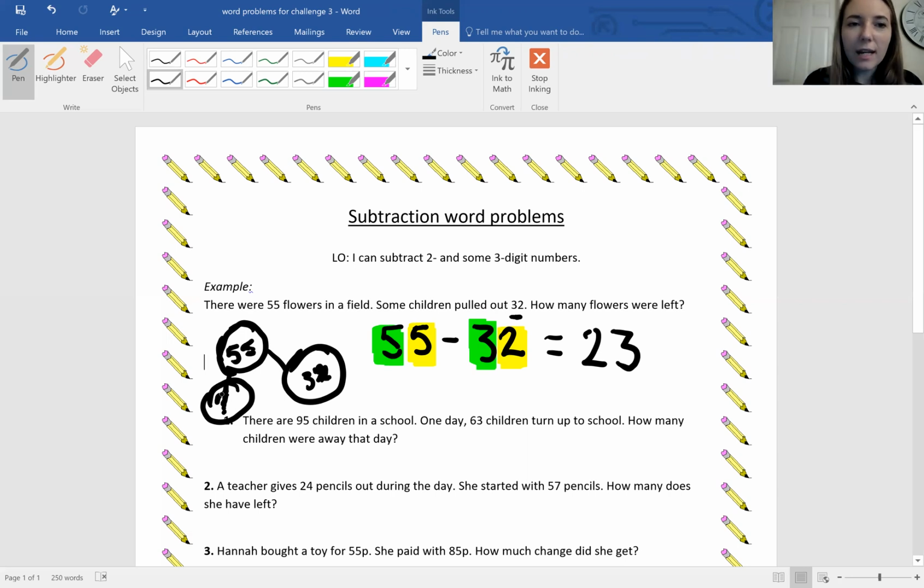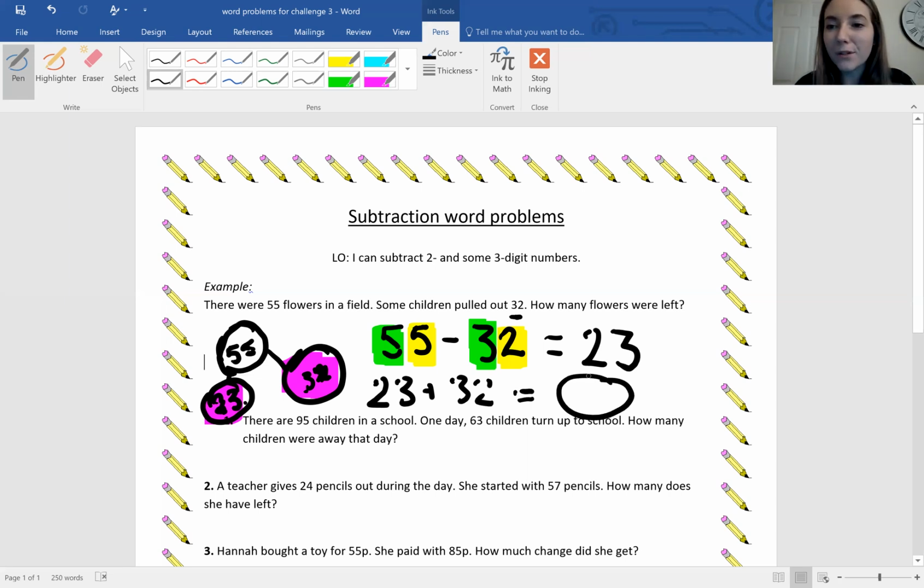So I can use that now to check whether I'm right. I can use my addition to check whether I'm right. So I know in my part-whole model that these 2 numbers added together is going to make my total again. So I could even use that to check. I could say 23 add 32. You could have a go at adding that up and see if you get the number 55. If you do, it means you're right.